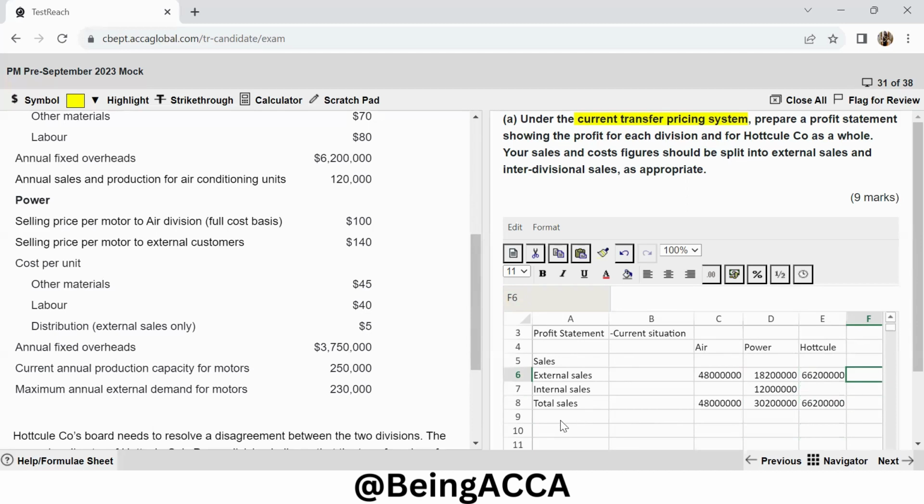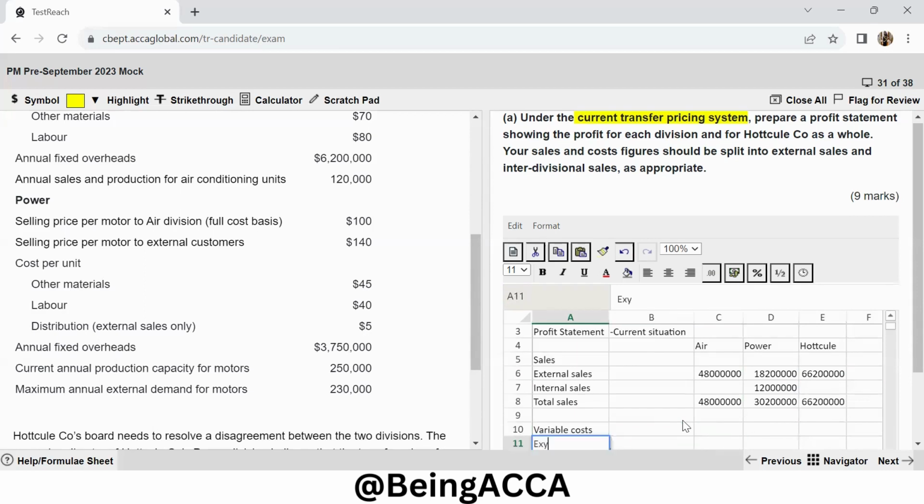Now let's have a look at the purchases element, the cost that we are making, as well as the internal transfers. So let's have a look at the variable costs first of all. How much are the variable costs that each of the divisions are incurring? With regards to the external material and internal material, we will separate it because that is what our question has demanded from us.